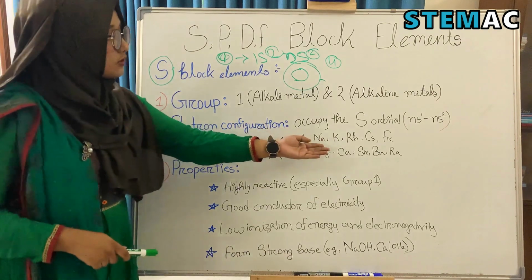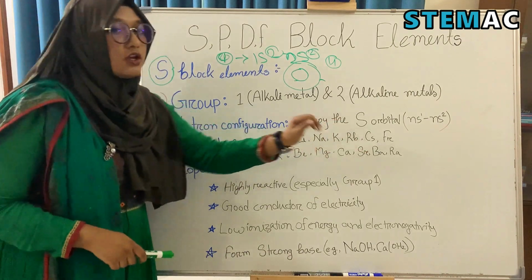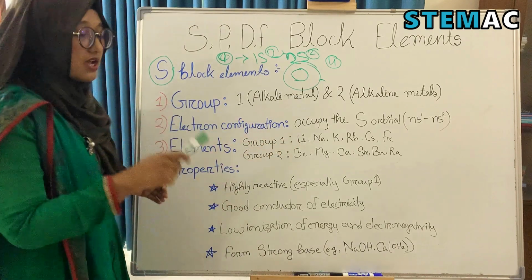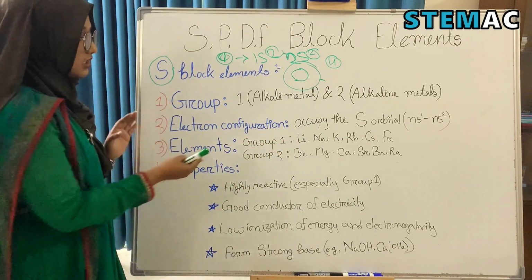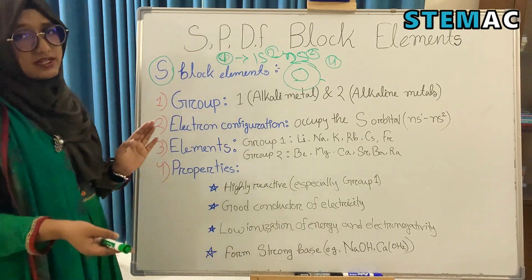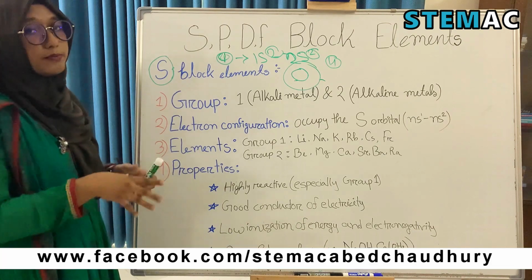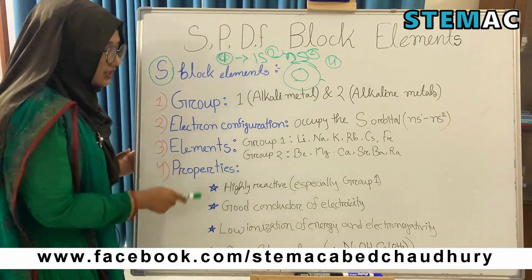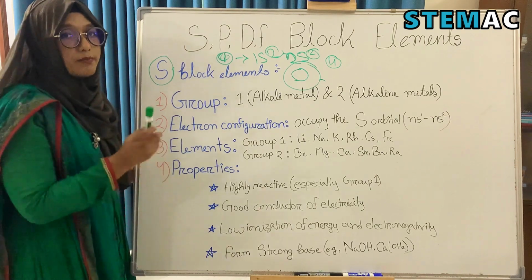Here lithium, sodium, rubidium, cesium, francium have this highly reactive configuration in them. In group 1 cases, mostly, group 2 also, but group 1 mostly shows this side of their personality.